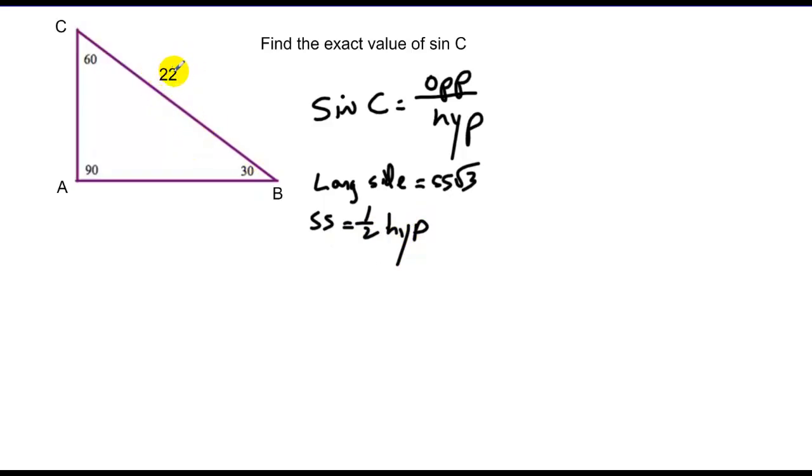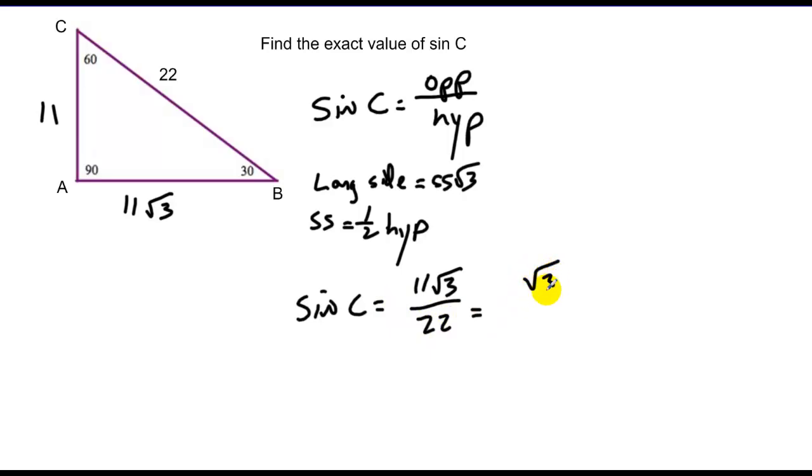So the hypotenuse is 22, the short side is half of that, which is 11, and this is 11 root 3 then. Therefore I can find my sine by taking the opposite over the hypotenuse. So the sine of C is the opposite, or 11 root 3, over the hypotenuse, which is 22, which reduces to root 3 over 2.